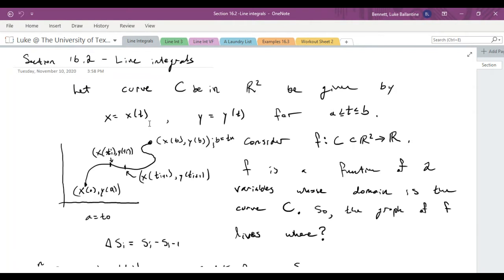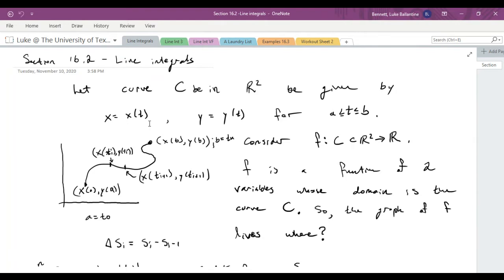So locally, because we have one variable as the parameter, this curve looks like R, the real number line. So we're mapping a closed interval of R into a curve in R2 and then in R3.